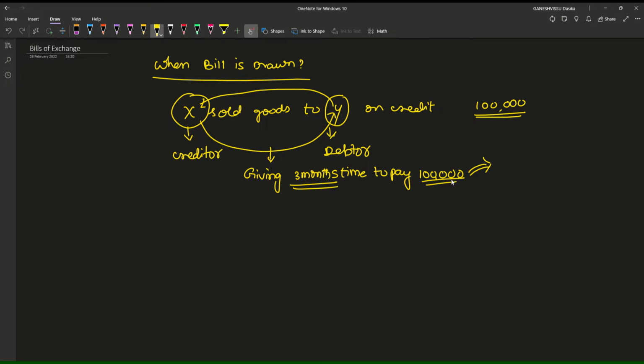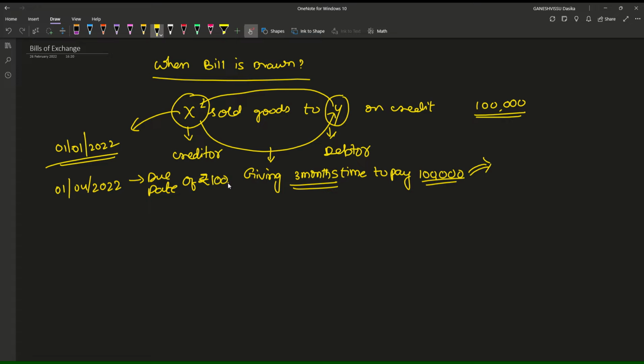Let us suppose X has sold the goods on 1st January 2022. After 3 months, January completed, February, March, so at the end of the year everybody will be thinking that 1-4-2022 would be the due date of that rupees 1 lakh.